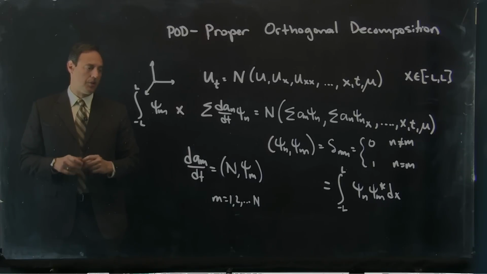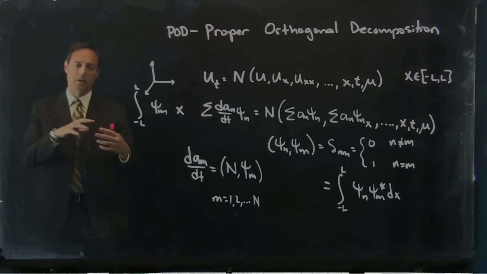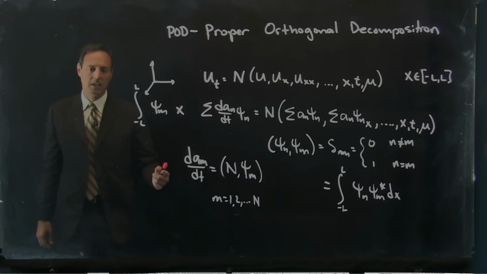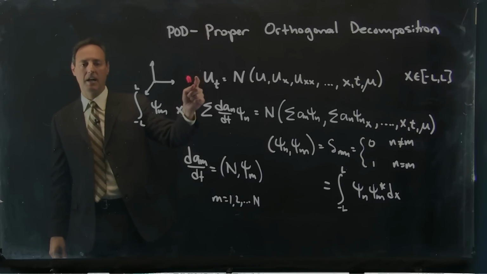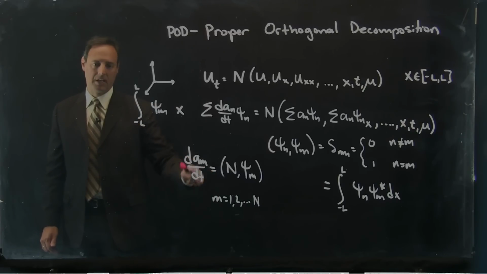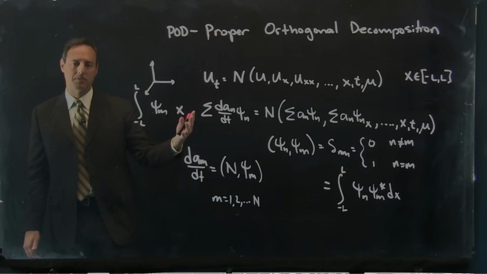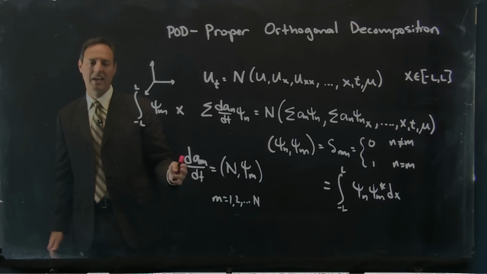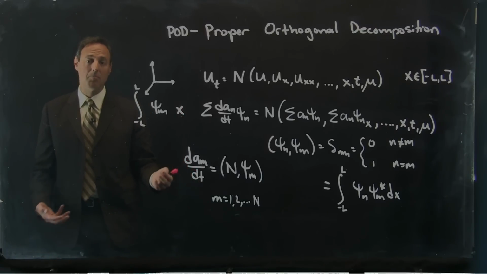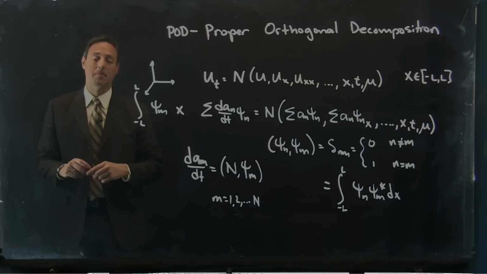Now, the goal in a reduced basis method, or at least in a reduced order modeling framework, is to trade out this very high dimensional n degree of freedom system, which is still the case here, which is: is there a way that if I pick the right basis functions, I wouldn't have to solve n differential equations, but maybe I can solve r differential equations where r is a lot less than n.